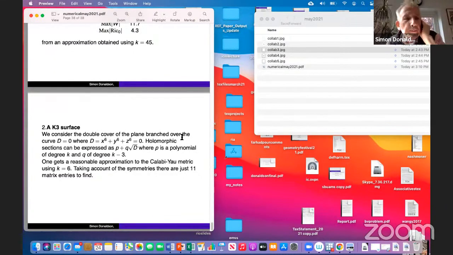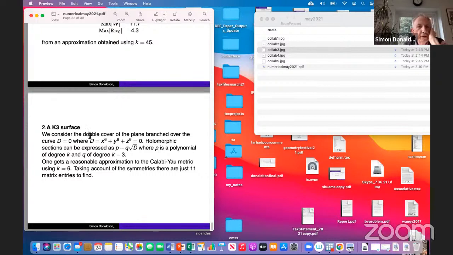So beyond the toric world, you'll hear about much more complicated and better things in other talks. But I developed these ideas in a simple case of a K3 surface.